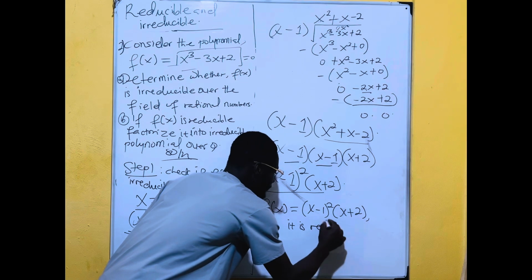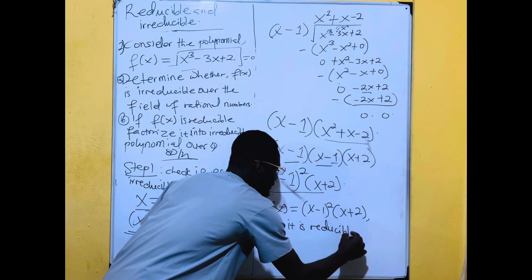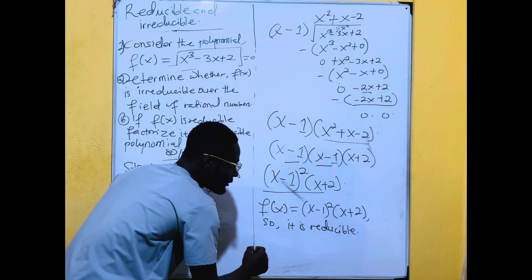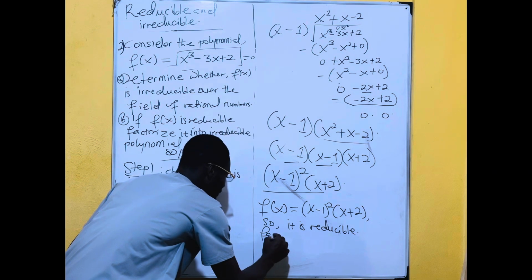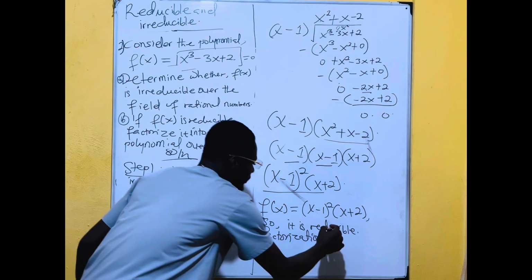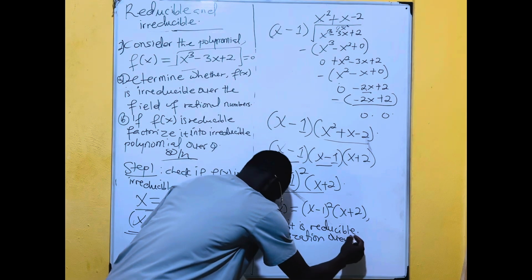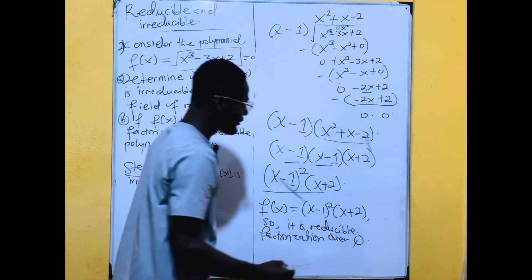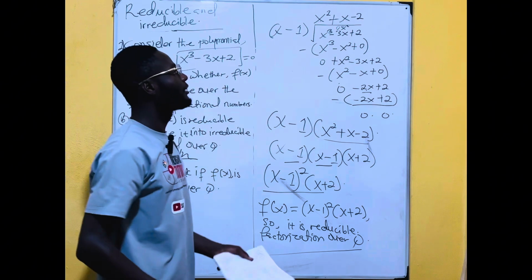Reducible. It is reducible. And that is factorization over Q, that is rationals. That is factorization over rationals.